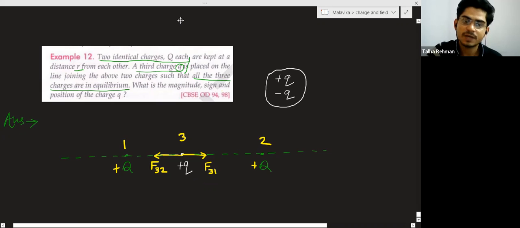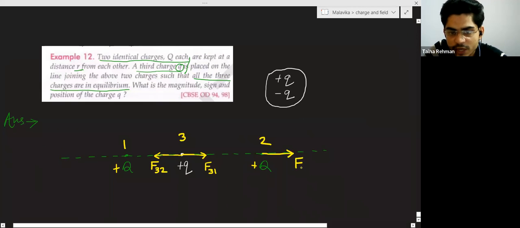Okay, no problem. Now let's choose this charge. I want to calculate the force on this charge 2 due to both the charges. If I calculate the force due to this charge, the direction of force will be like this.